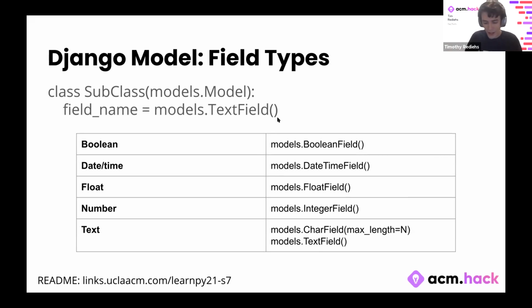The type will depend on what type of data you're storing. So it might be a float or an integer or a string, etc. There's a lot of different ones. In this table, I highlighted a few that are common.